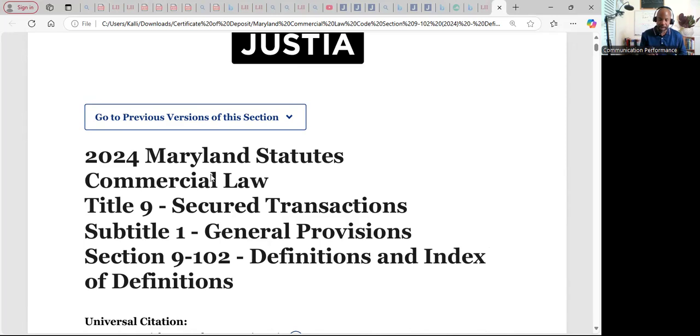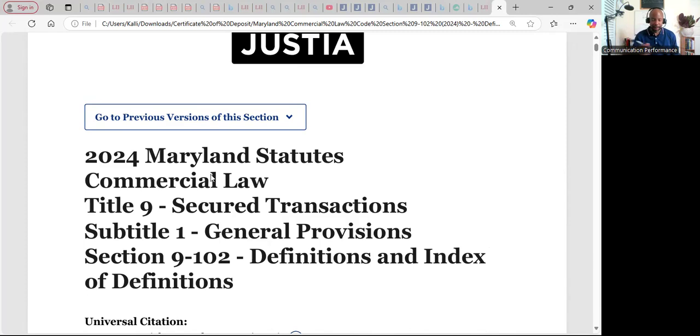So if you see 9-102, generally you should be able to get the same section 9-102 for secured transactions, Title 9 secured transactions, in your state generally. But whatever information, all the states basically have the same information.